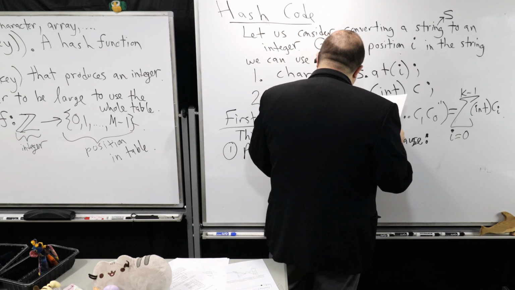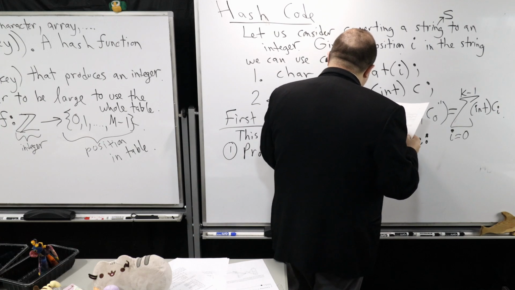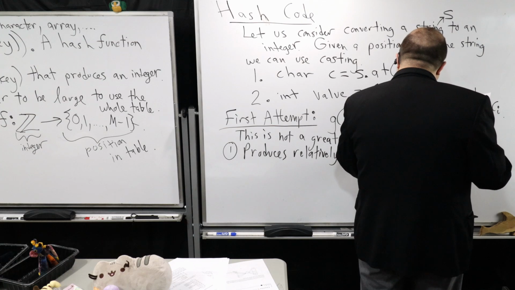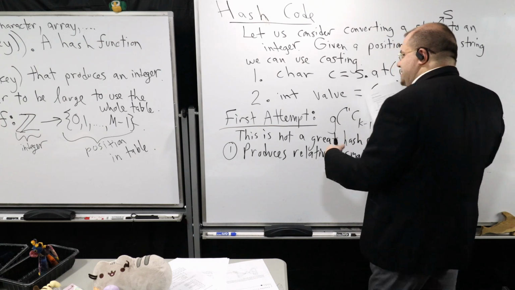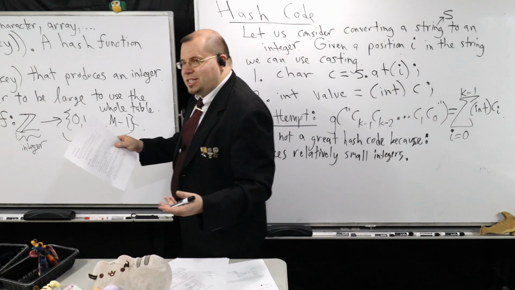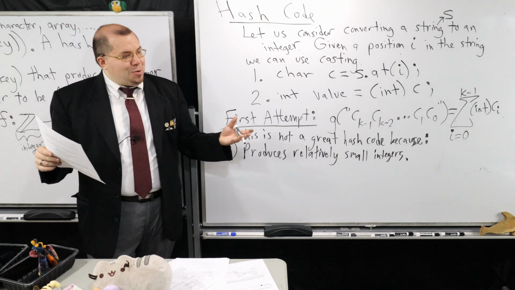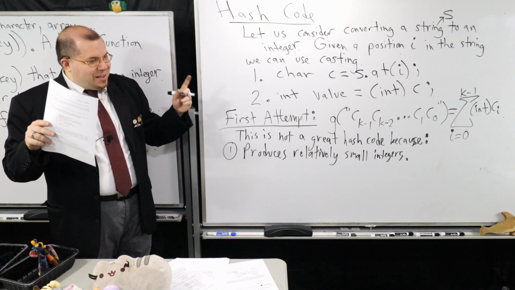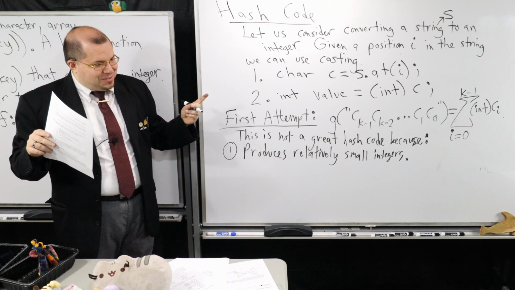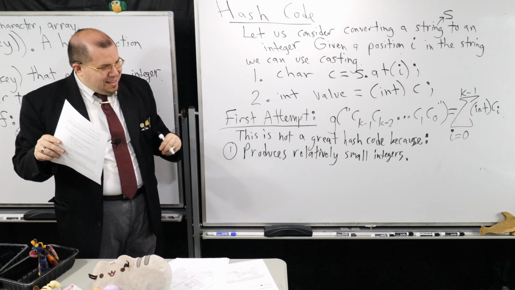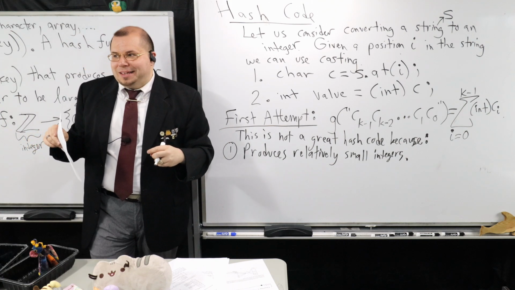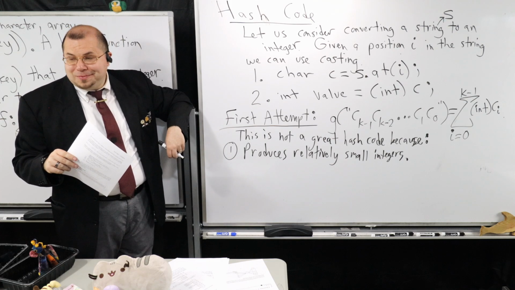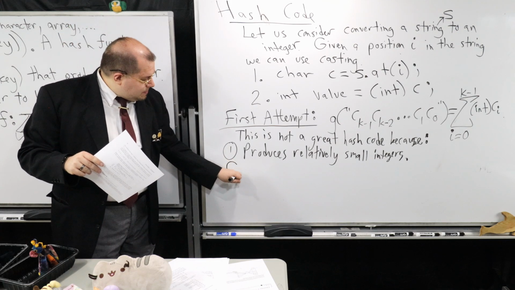It produces relatively small integers. Remember, all I'm doing is adding up their values. If I have a hash table that has, say, 10,000 slots in it, and I only have strings of length 5, and you think of the ASCII codes, you're not going to be getting up to those really large values, right? That's one problem. Think about collisions.